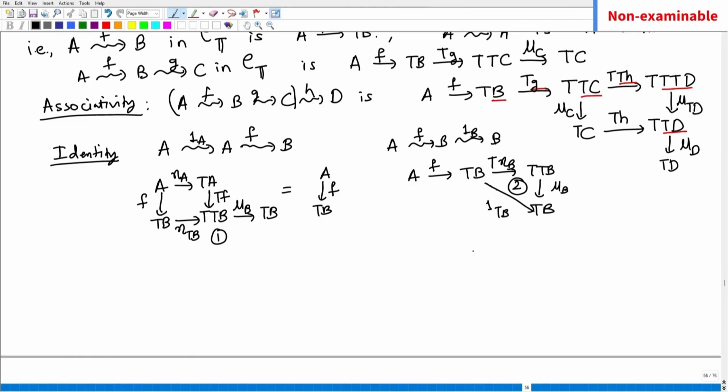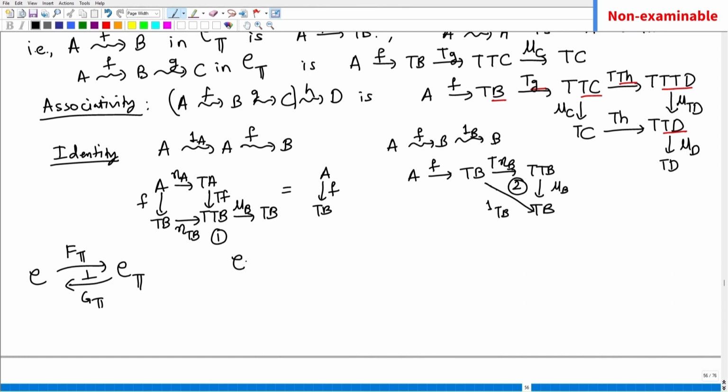Maybe I should remind you what we are trying to do. We have C, we have CT, then FT, and we have GT. FT we have to describe. What should be FT on objects? Same object. You don't change anything.